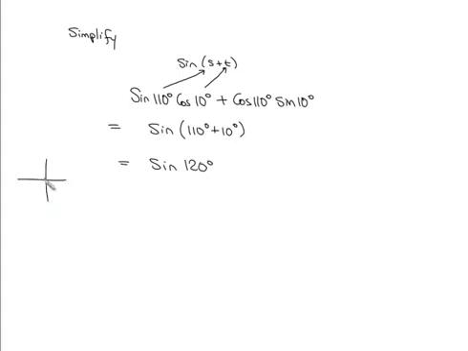So if you think about 120, which is up here at 2 pi over 3, the coordinates are negative 1/2, comma rad 3 over 2. So the sine value of this is going to be square root of 3 over 2. So even though we were using angles that we don't know from the unit circle, because of this formula, just using it in reverse, we can actually evaluate this thing exactly.